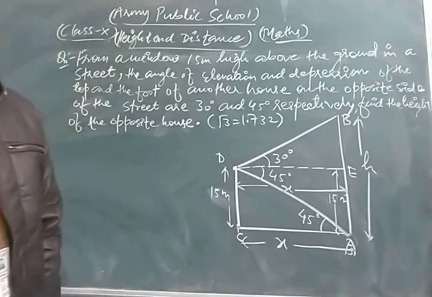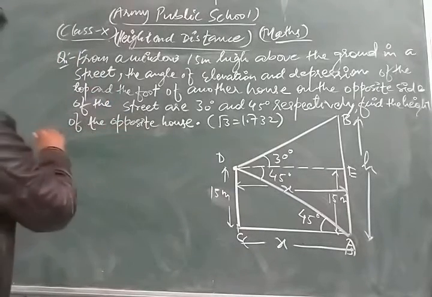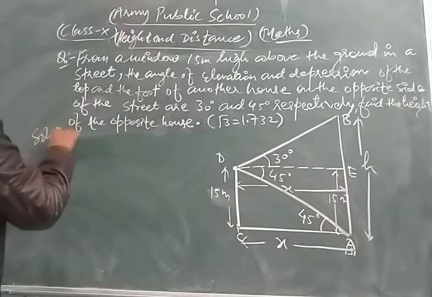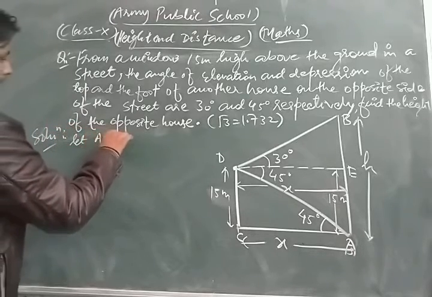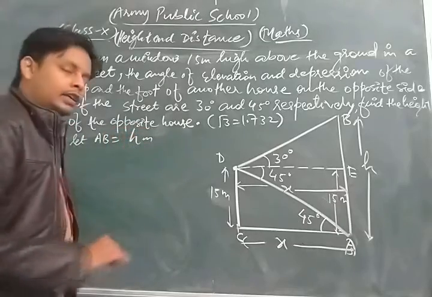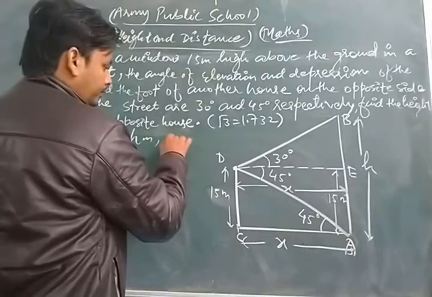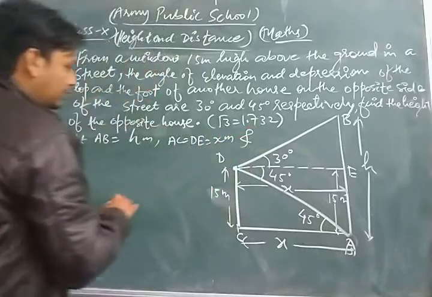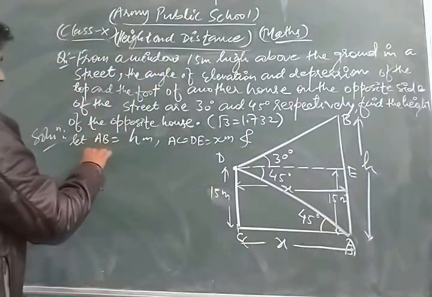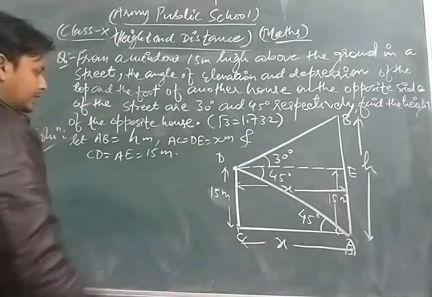Now let's see its solution. Let AB be equal to H meter, which we are required to find here, and AC is equal to DE is equal to X meter, and CD is equal to AE, each equal to 15 meter respectively.